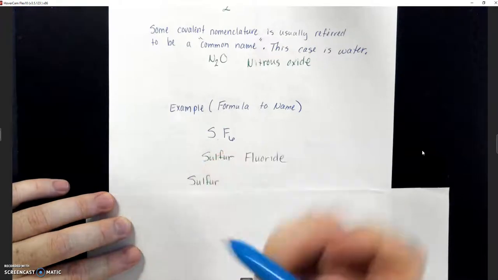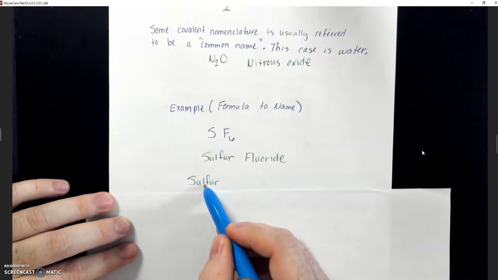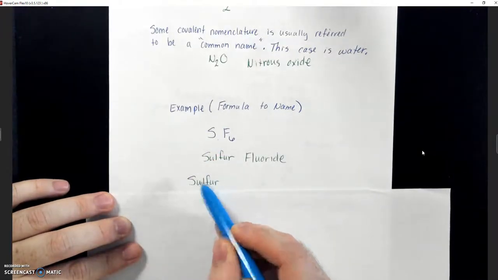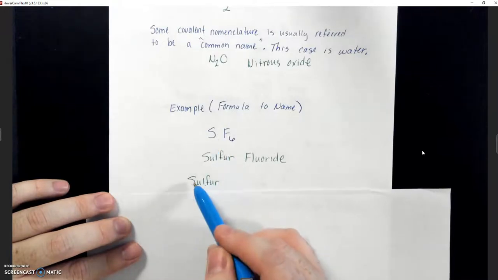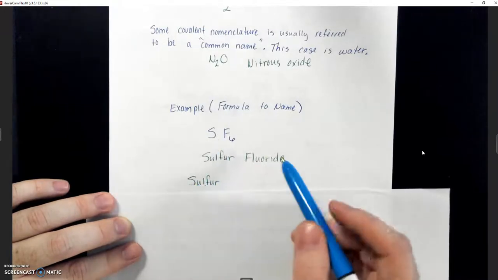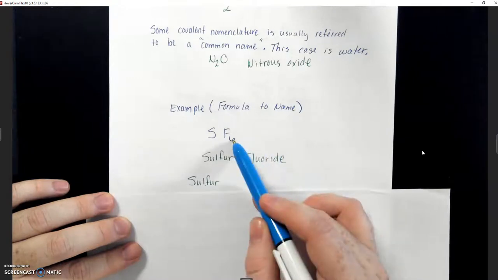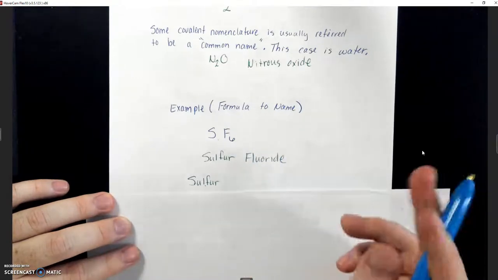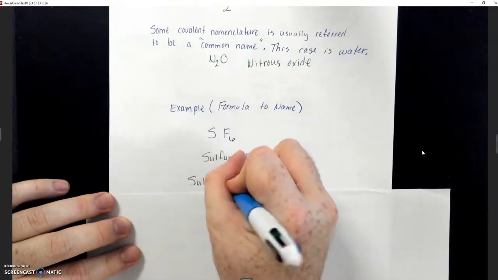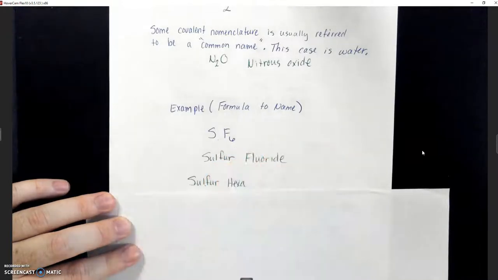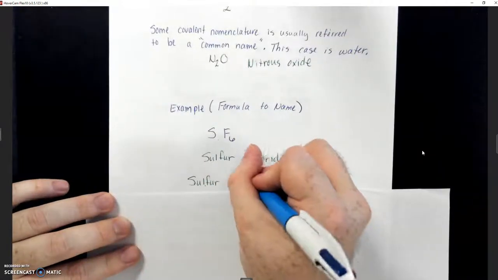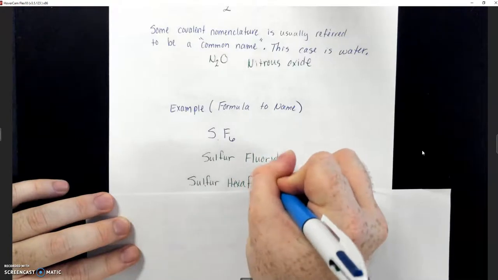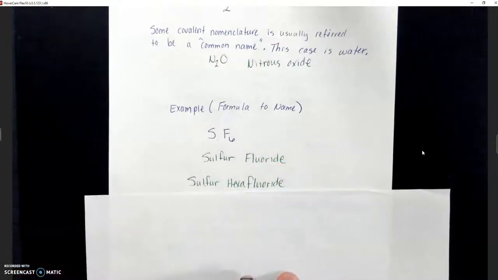You don't have to put the mono in front of the first element listed if it's 1. If this were 2, 3, or 4, then it would need a prefix. Fluoride, there are 6 of them. What's the prefix for 6? It's hexa, like a hexagon. Hexafluoride. So this is sulfur hexafluoride.